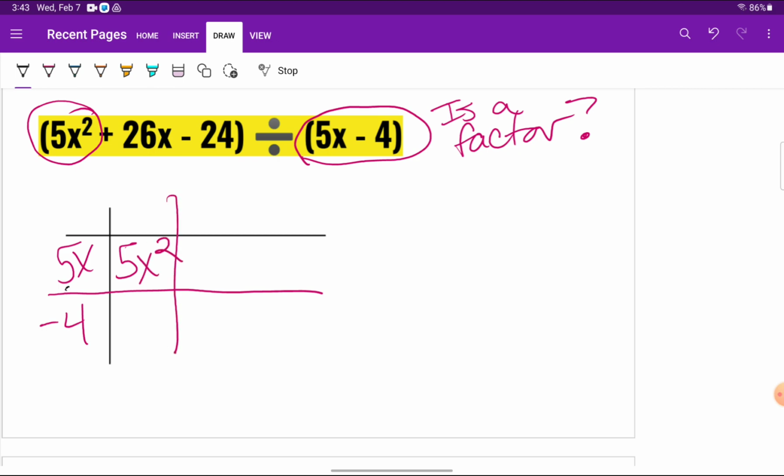Well, 5x times what is 5x squared? I can write the 1 with the x. x times x, there's my x squared. 1 times 5 is 5. If I know the 1x, I'm going to multiply to fill this bottom box. I get negative 4x. I know my other x term should be here, and when I combine them, I should get 26x.